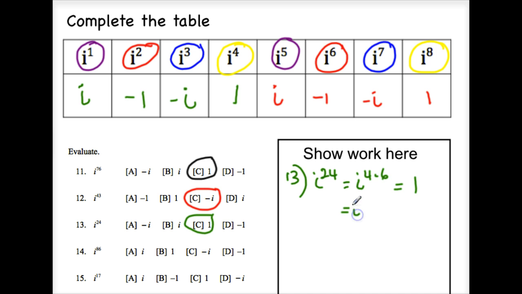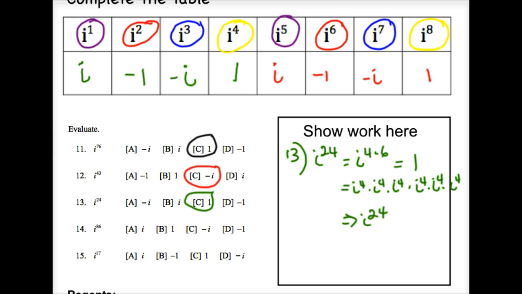This is the same as me writing i to the 4th times i to the 4th times i to the 4th times i to the 4th times i to the 4th times i to the 4th. 1, 2, 3, 4, 5, 6 times. If I remember the rule, you add the exponents. This will give me i to the 24th. And anything that's a multiple of 4 is automatically a 1.